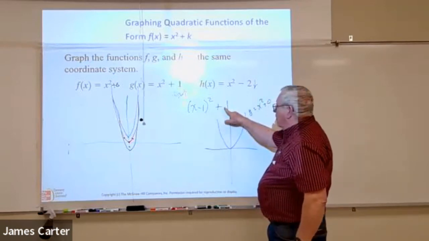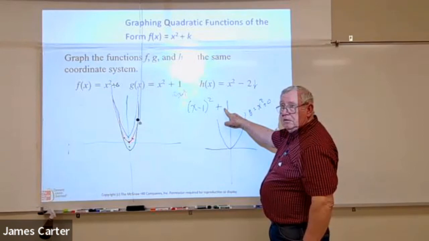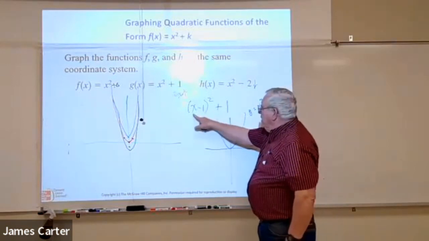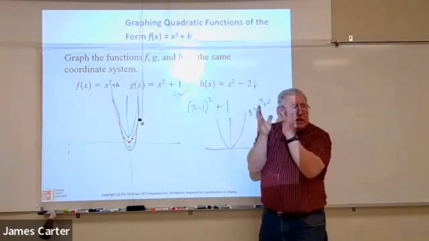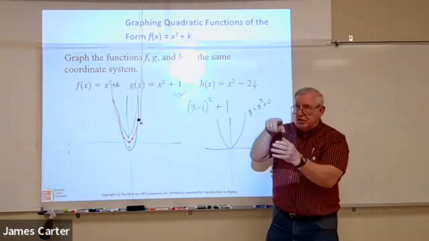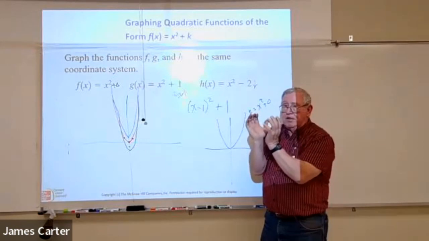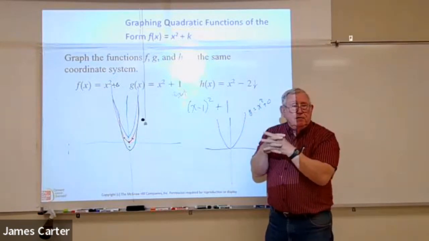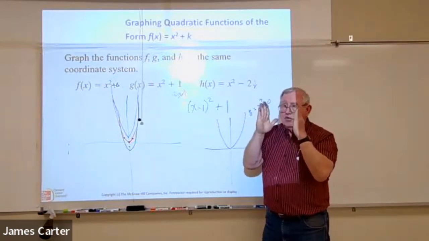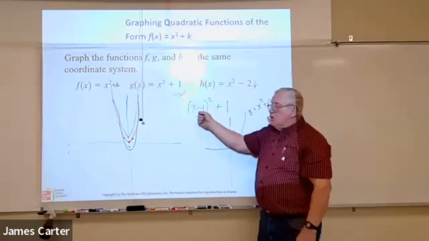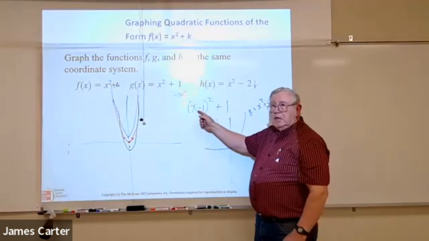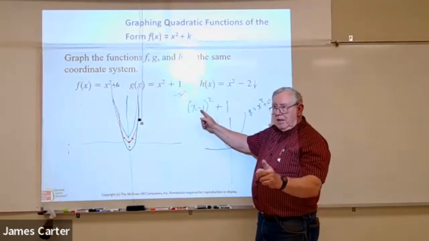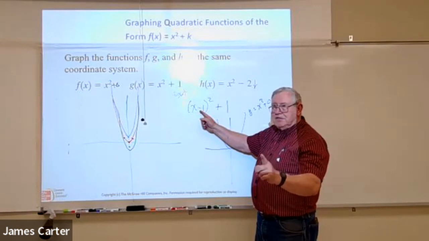Obviously, this thing's going to move up or down one place. But this, when it's contained with the variable, whether it's under a radical, in parentheses, or in an absolute value, then this shifts it left or right, opposite of sign. Opposite of sign.